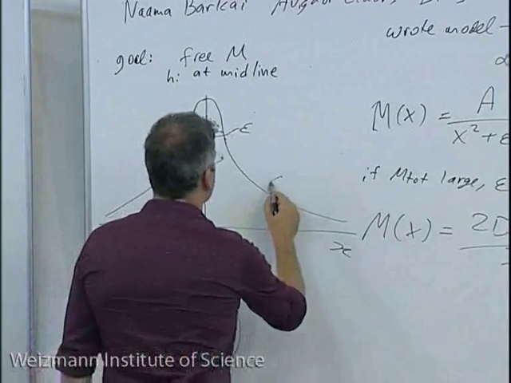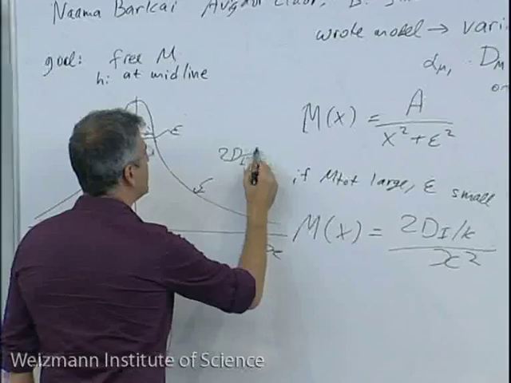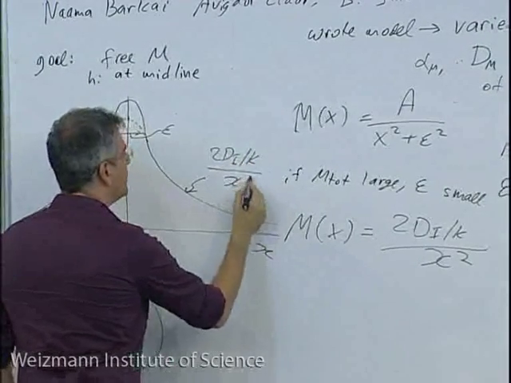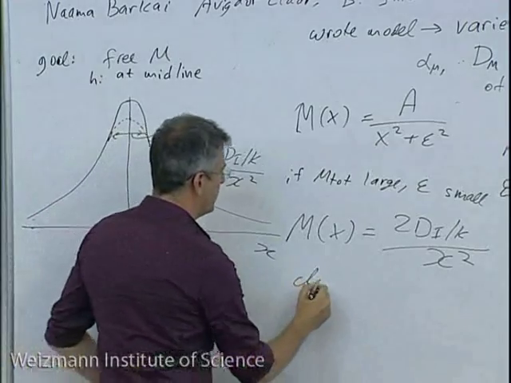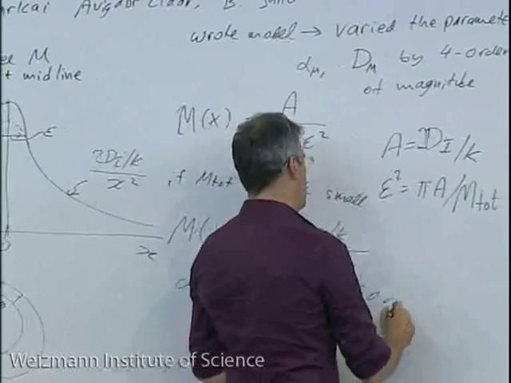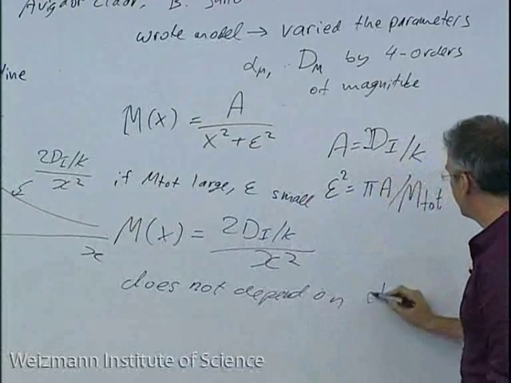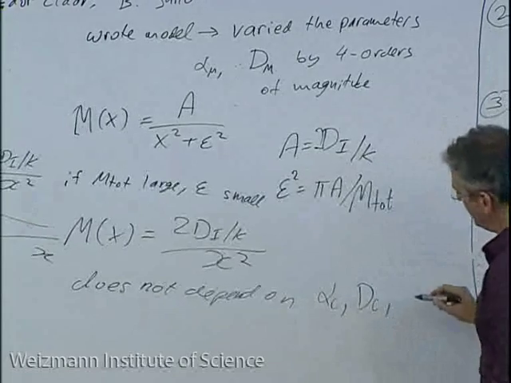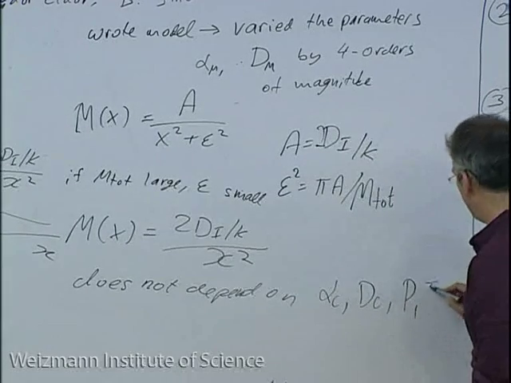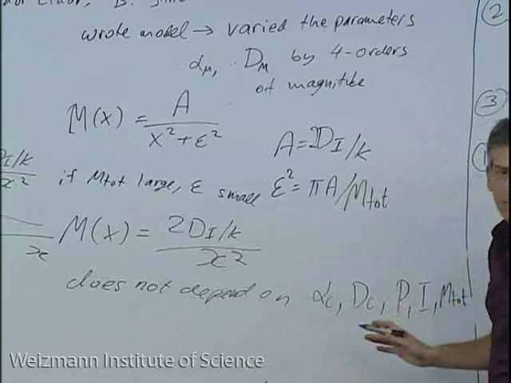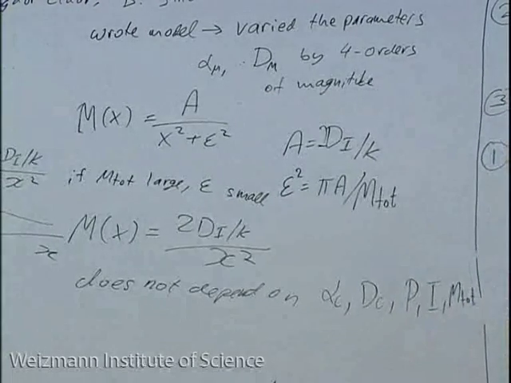And outside of this region, this goes like something that depends only on the diffusion constant and this on rate, and does not depend on all of the other parameters, alpha, c, d, c, protein level, I level, m tot, et cetera. It doesn't depend on any of the levels of the proteins that depend on most of the biochemical parameters.